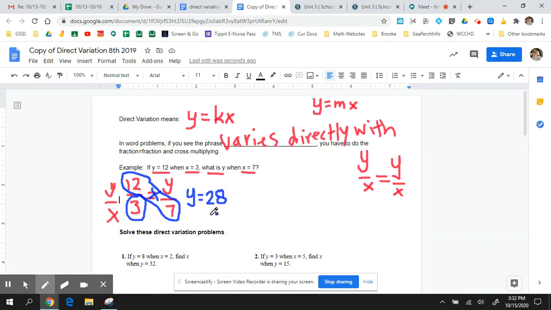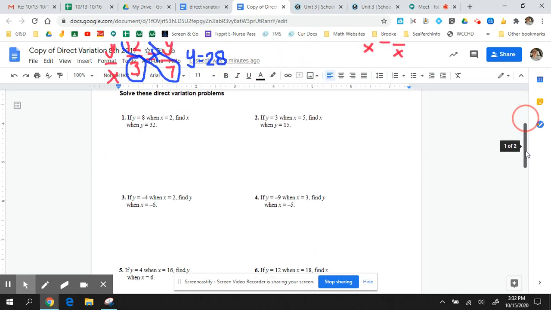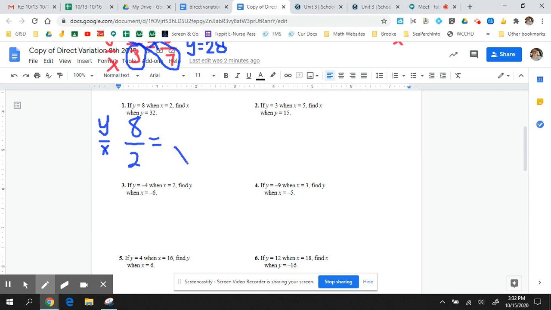We're going to do a few more examples, and then you're going to get to do some, and we'll see if you get them correct. So we're going to solve these direct variation problems. If y equals 8 when x is 2, find x when y is 32.